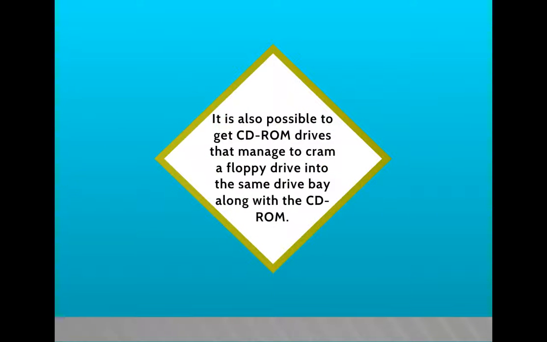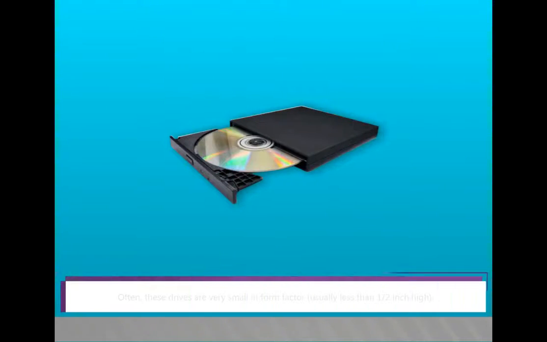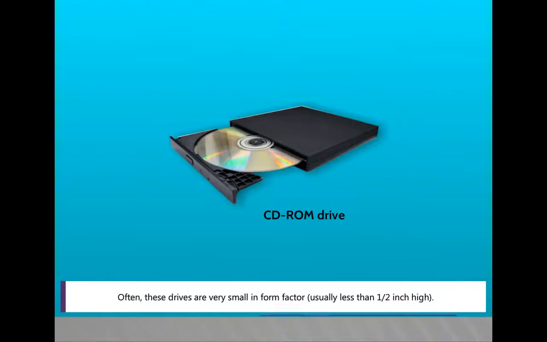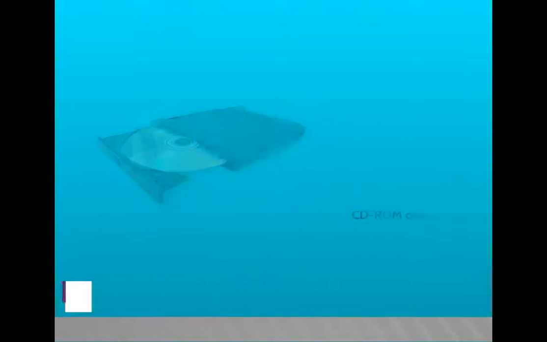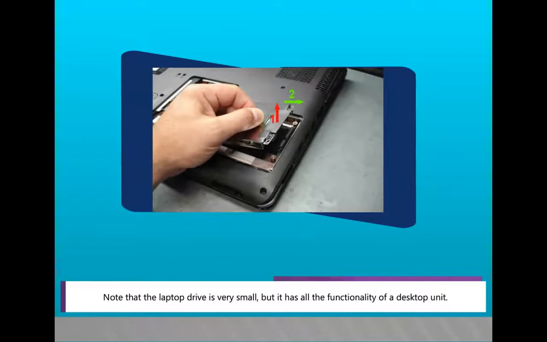It is also possible to get CD-ROM drives that manage to cram a floppy drive into the same drive bay along with the CD-ROM. Often these drives are very small in form factor, that is usually less than half-inch high. Note that the laptop drive is very small, but it has all the functionality of a desktop unit.